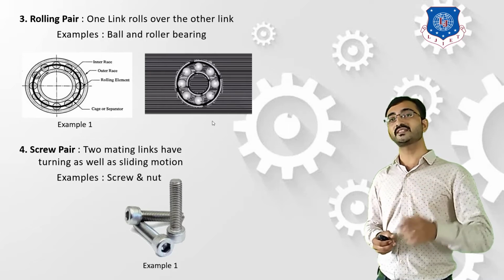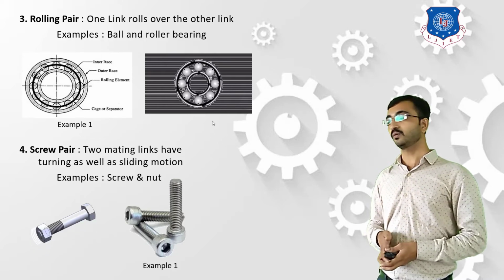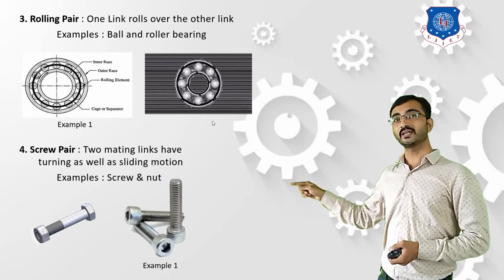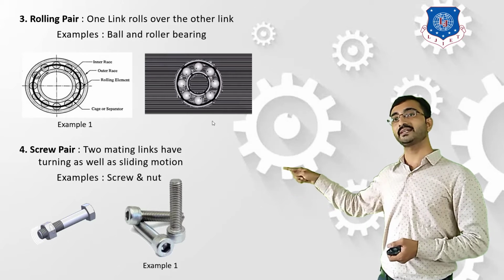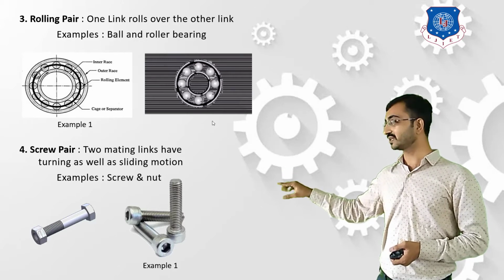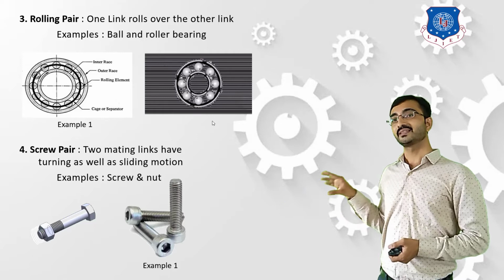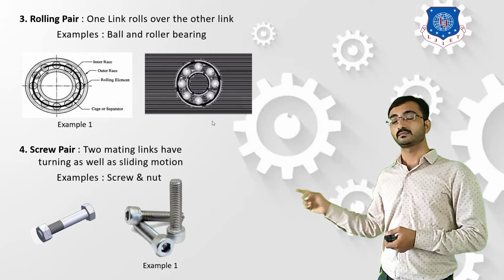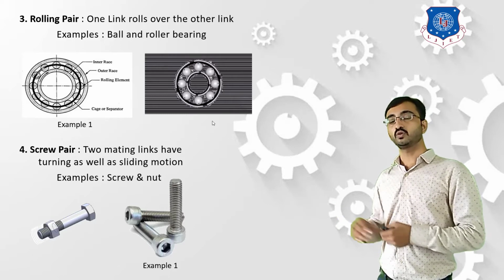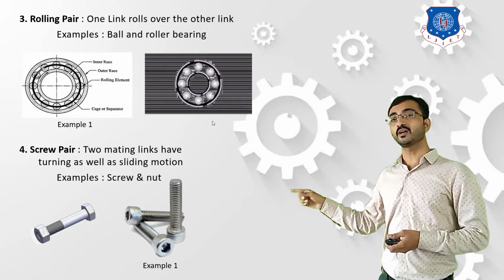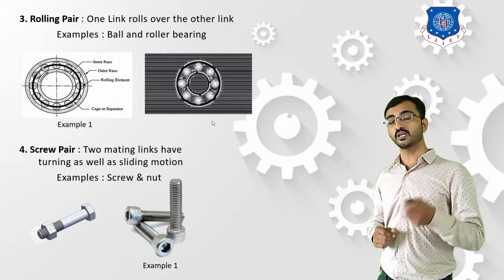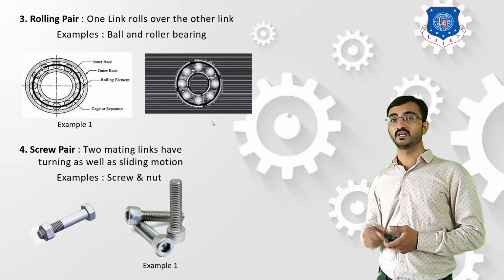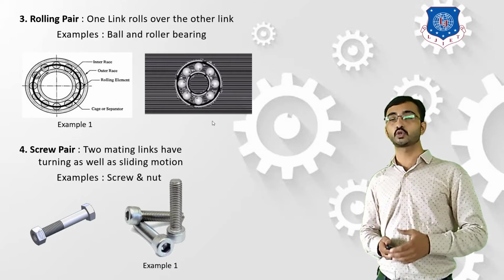If you consider the working of a screw pair, when you advance the nut on the screw, the first motion is a turning type of motion, and the second motion is sliding, because your nut will be sliding on the periphery of your screw body. So sliding and turning, both motions are taking place at a time. That's why this is known as a screw pair.